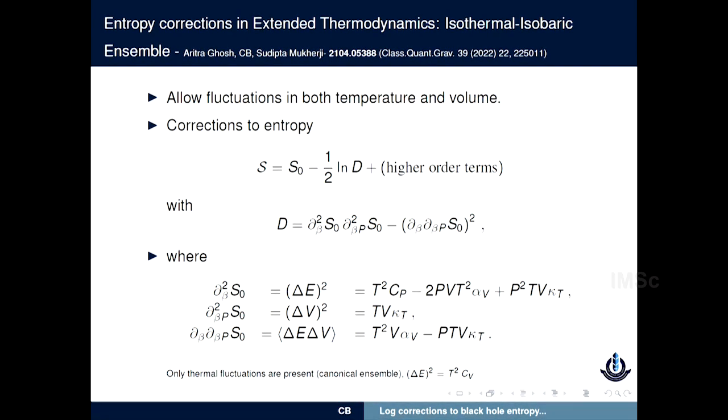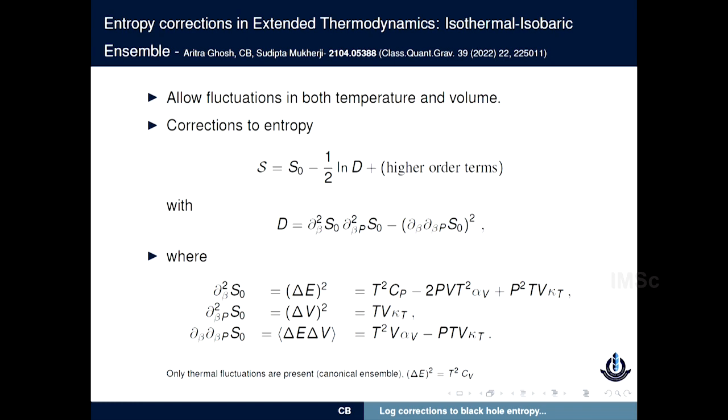And there are other response functions which enter here, like isothermal compressibility, specific heat at constant pressure, etc. If you consider only thermal fluctuations, this is the result you get, but with combined fluctuations, this is what you have. Now, once you have temperature and volume fluctuations, you cannot just put one of the fluctuations to 0 and go back to the earlier canonical ensemble result. That you cannot do.